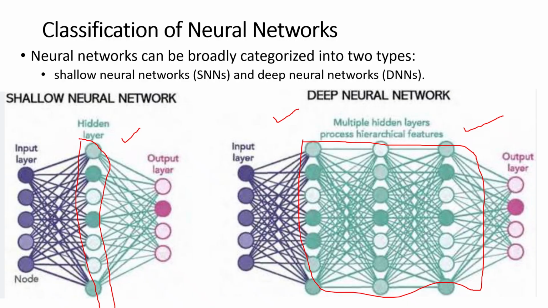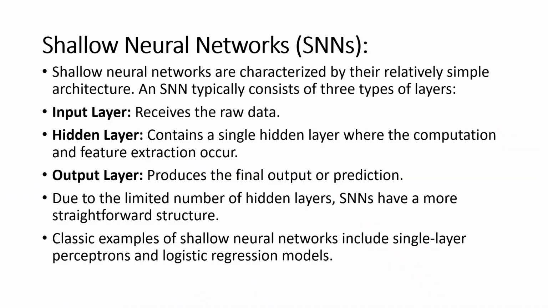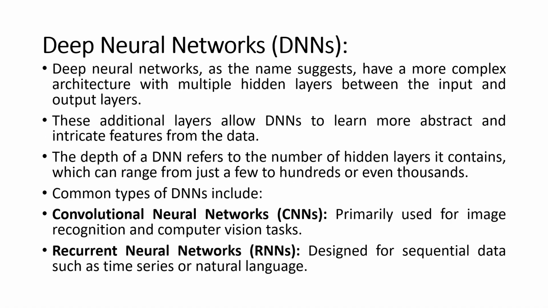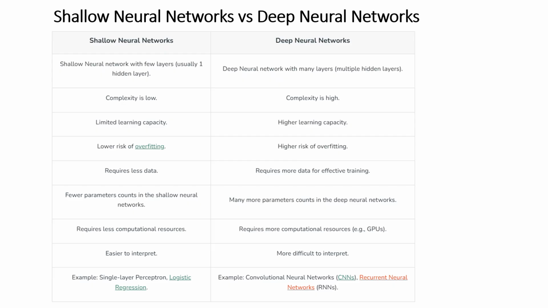So if your task is very complex, you can go for a deep neural network. The number of hidden layers depends purely on the task. If you increase your hidden layers too high, it may not give you a very good result. So it depends.